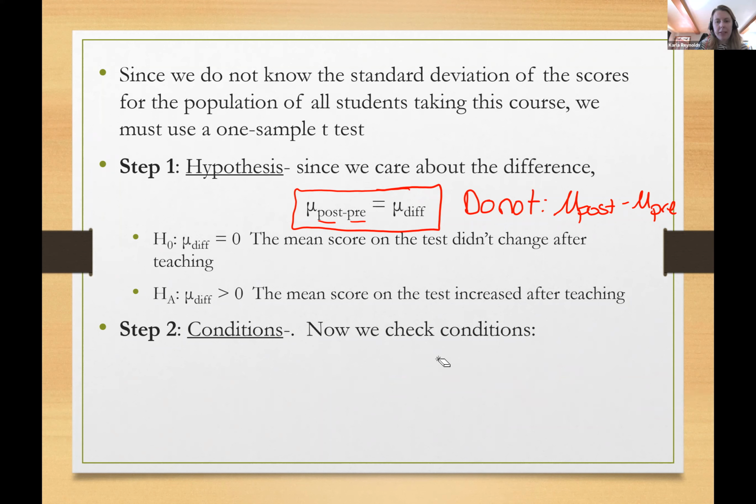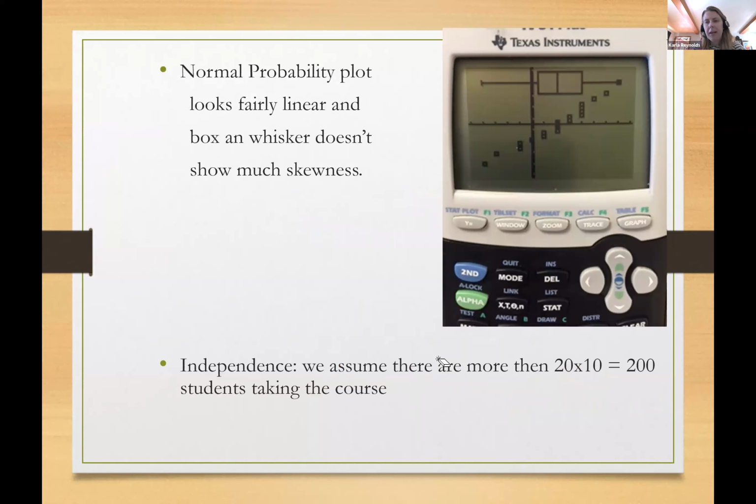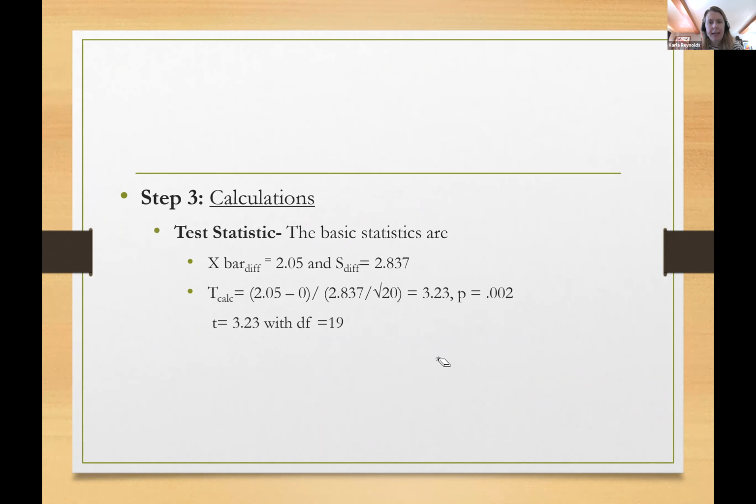And then we can check the conditions, same as normal. Here is this box plot, and the normal probability plot looks beautiful. For the independence check, we have to assume there are more than 200 students. And then the calculation, I'll write it out a little bit nicer so that you can see.